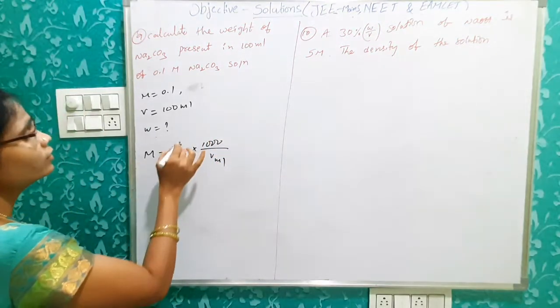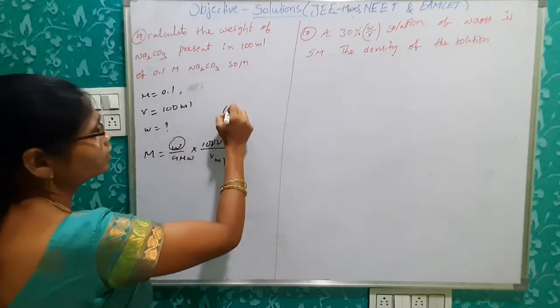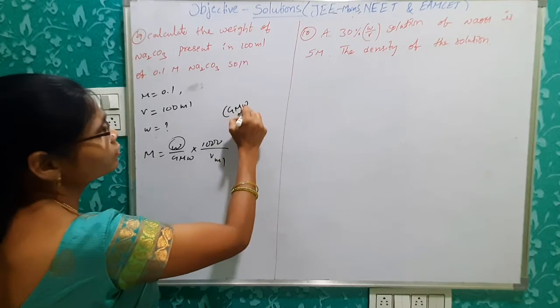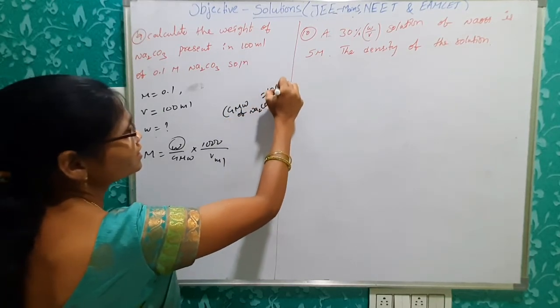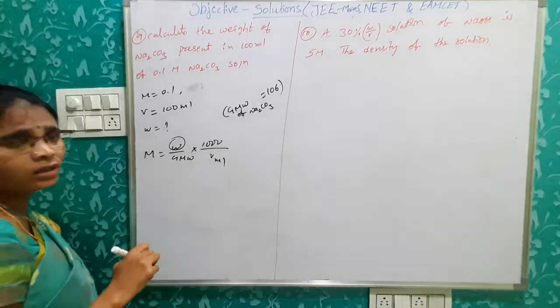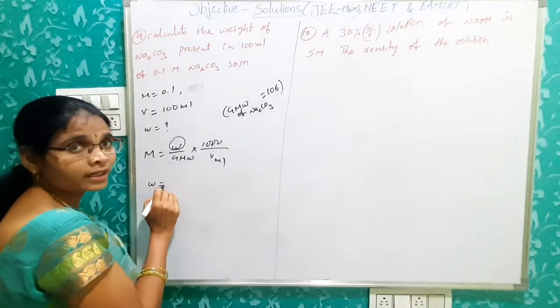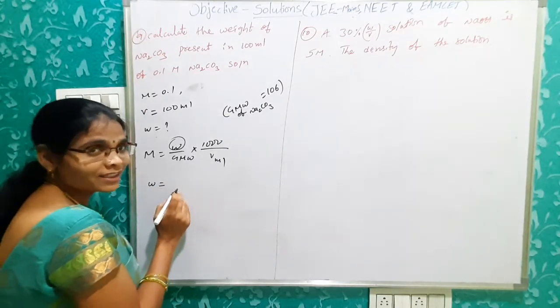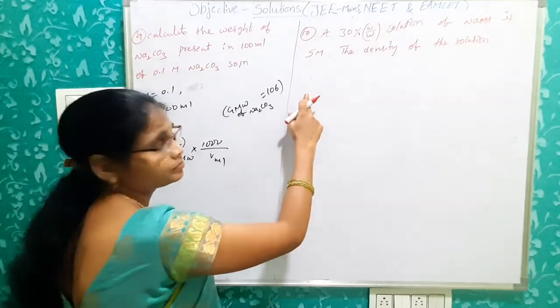Okay. So we have to calculate weight here. I will give you the gram molecular weight of sodium carbonate, 106. You have to calculate the weight of the solution and write down the answer in the chat box.